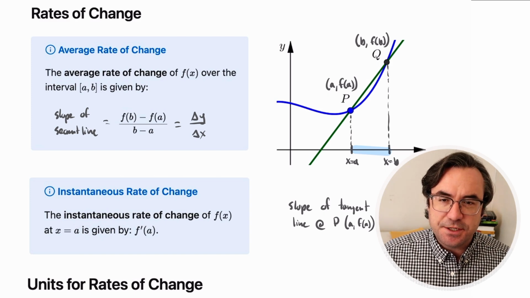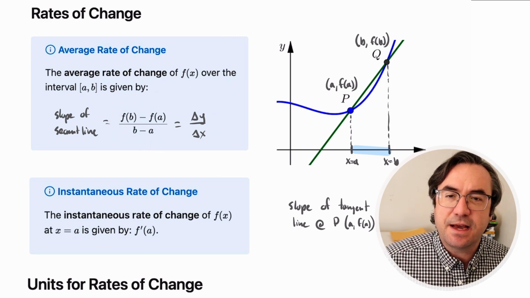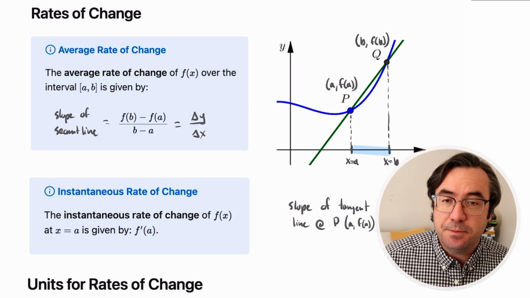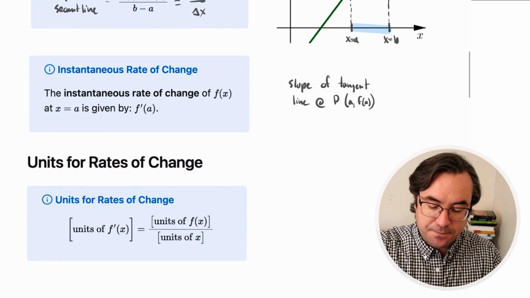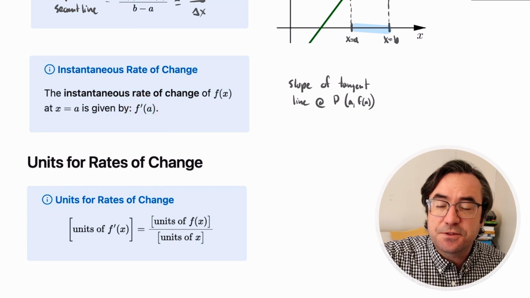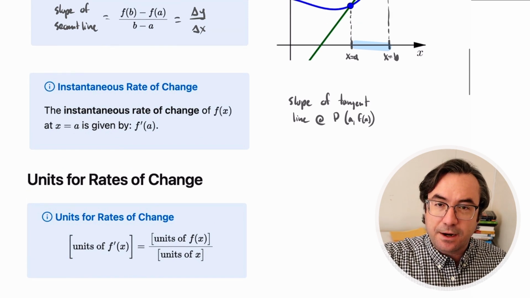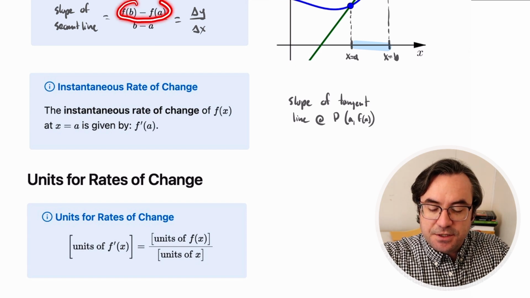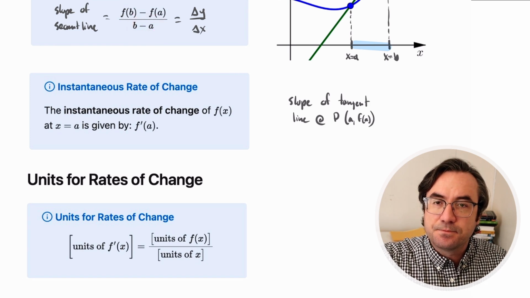And why we mention this is because our secant line formula gives us an idea for what the units are going to be. So what are the units for our derivative? When we talk about rates of change, when we talk about the derivative, what are the units? Well, if we go back up to our slope formula, it's the change in our function value, change in y, over change in x.